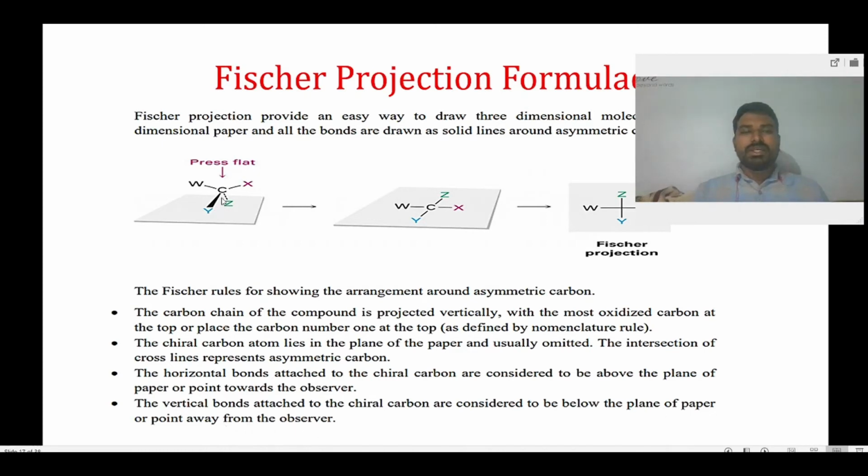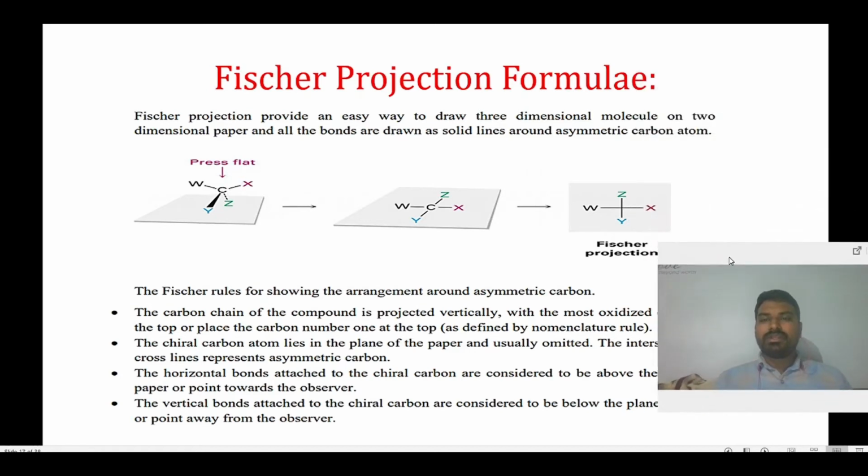See, these are the vertical bonds which are away from the observer, and these are the horizontal bonds which are above the plane and towards the observer. In general, we write the Fischer projection formula this way on a plane of paper, but the actual molecule will be like this.